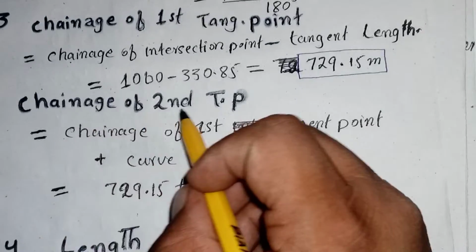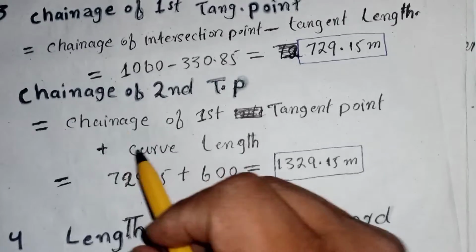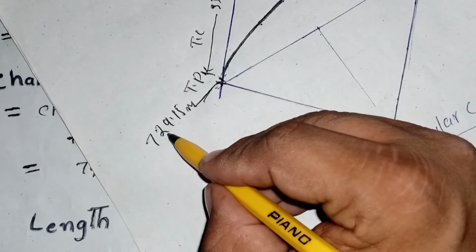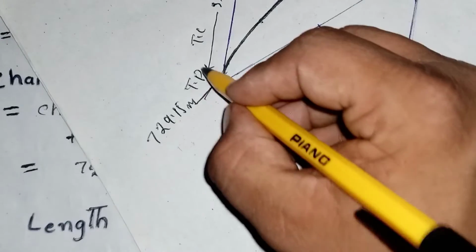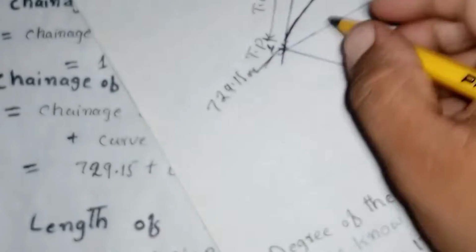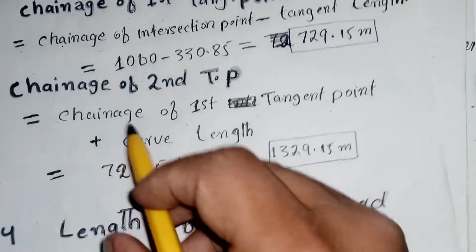So the chainage of the second tangent point is equal to the chainage of the first tangent point plus the curve length, as we have written here.